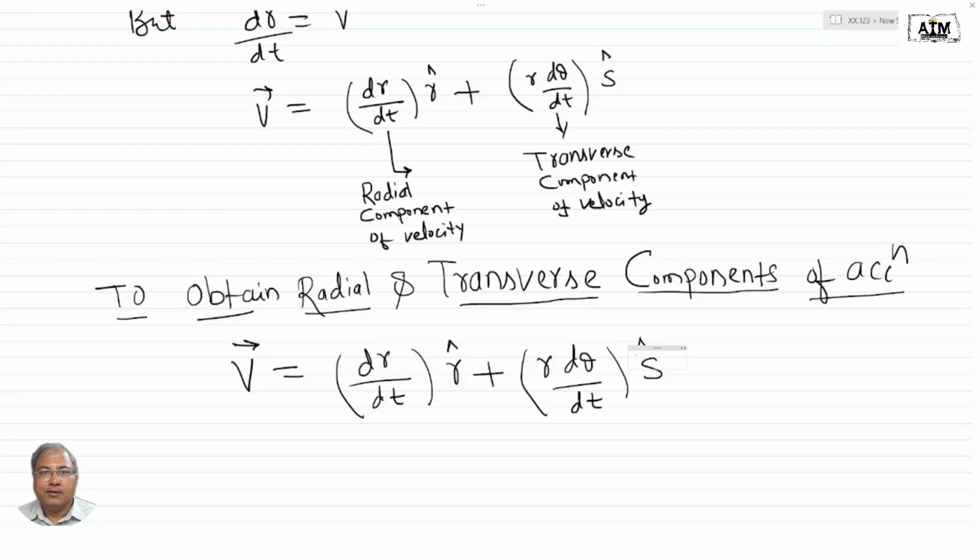Now, after finding the radial and transverse components of velocity, let us obtain the radial and transverse components of acceleration. So we already have this expression for velocity, and acceleration is nothing but the rate of change of velocity, that is differentiation of v with respect to t. Therefore, differentiating this expression with respect to t.